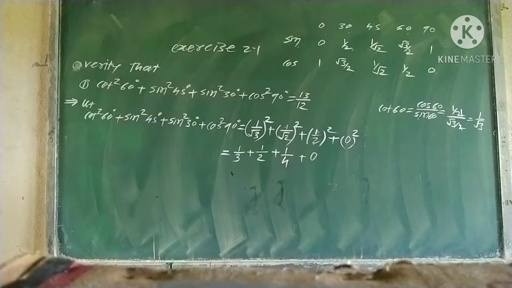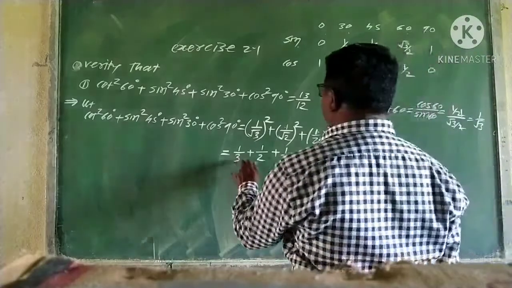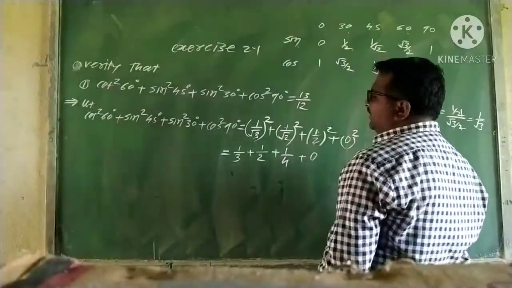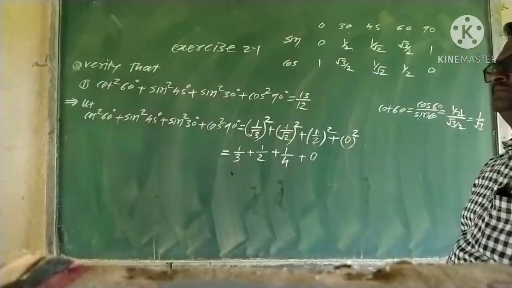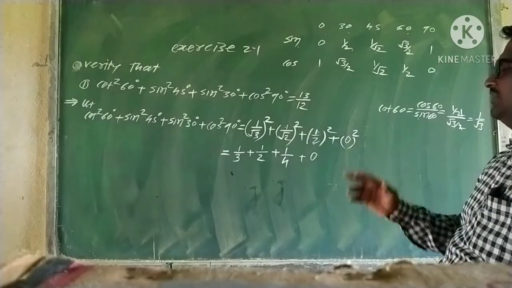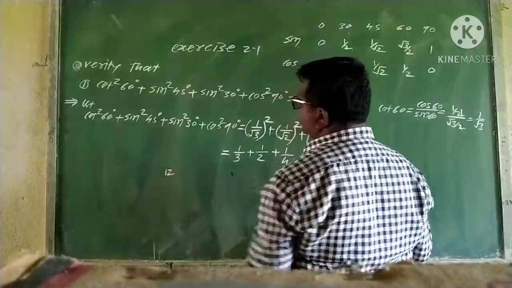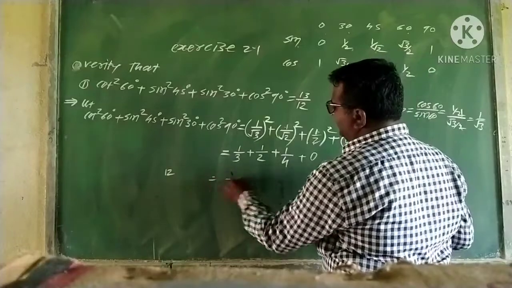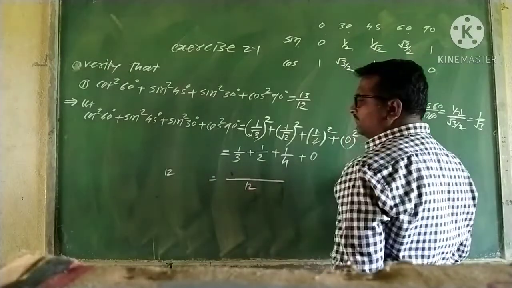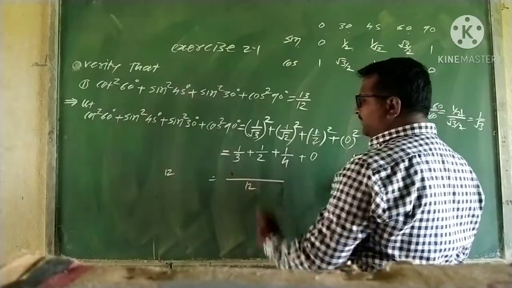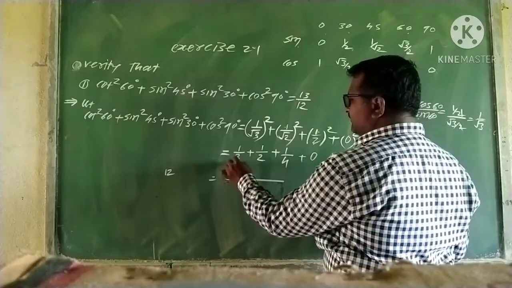Now we take the cross product. Three terms are given: 3, 2, 4. We take their LCM. The LCM of these terms will be 12, so we can write the denominator 12.